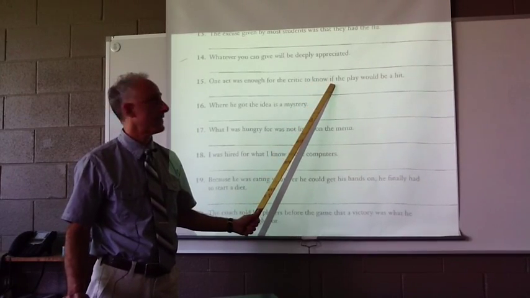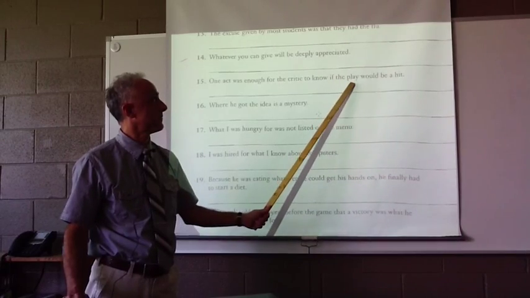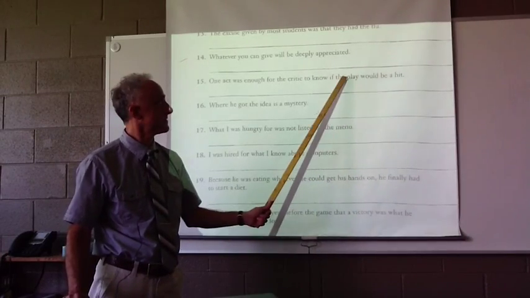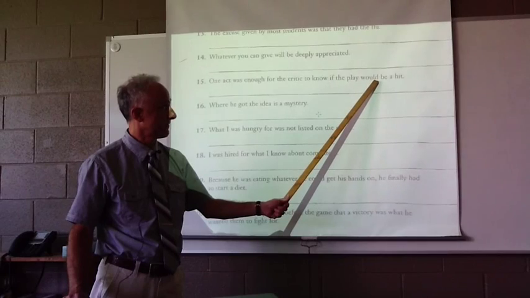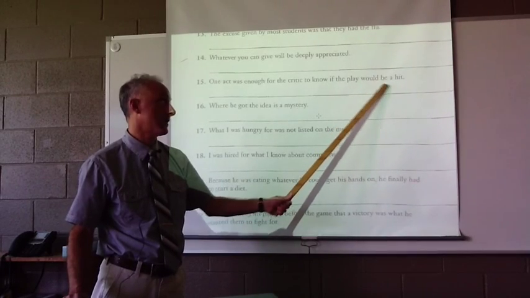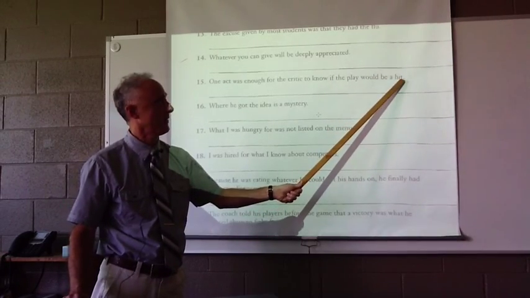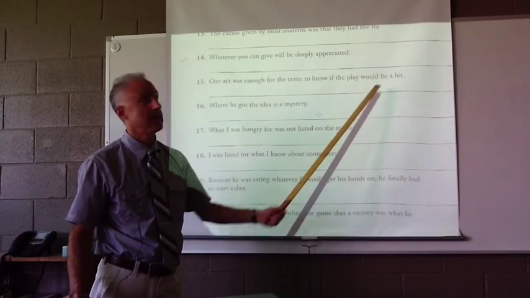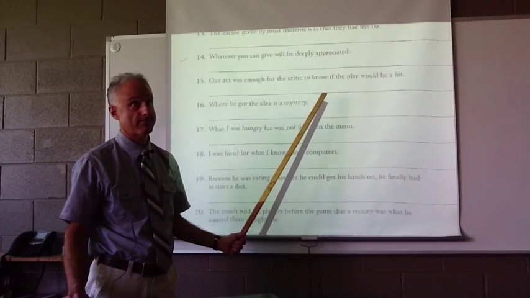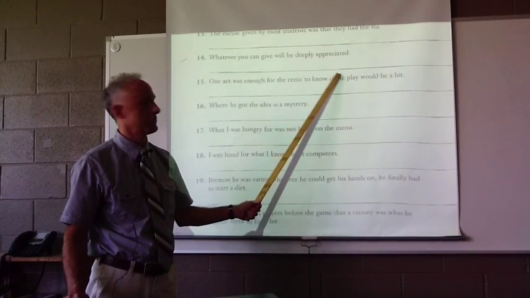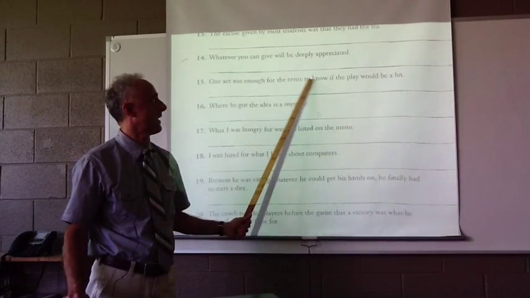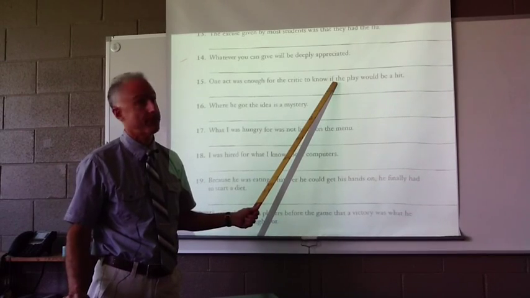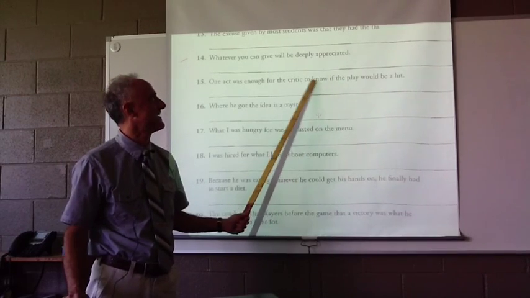Now, what do we have after it? If the play would be a hit. Play would be hit. Subject, linking verb because we have be in it, and hit would be a predicate nominative. But this little subordinate clause is a noun, all right? Because it's the object of to know. Even though it does start with if, which can be a subordinating conjunction.